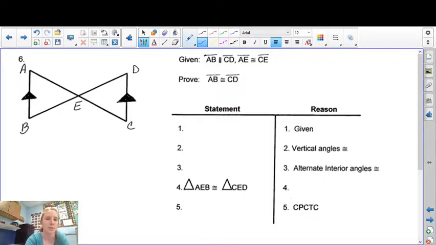Oop, we got another symbol we got to refresh our brains about. Remember, that means parallel. And I look, do I see anything marked? Nope, except for the parallel congruency. I already see that, and it's given to me, so we're good to go.